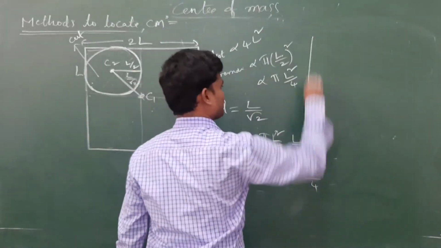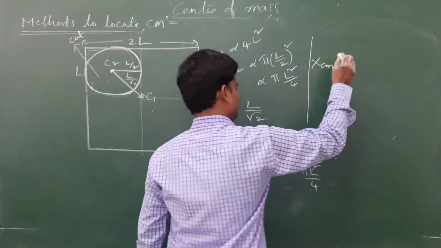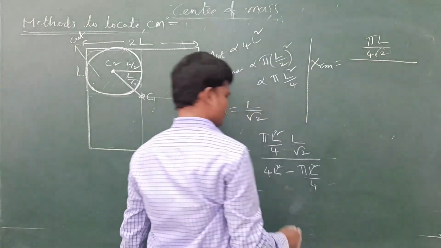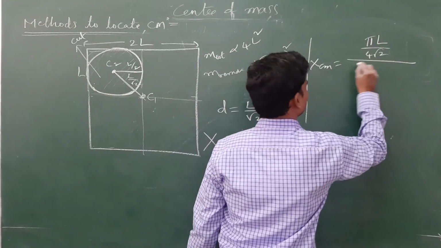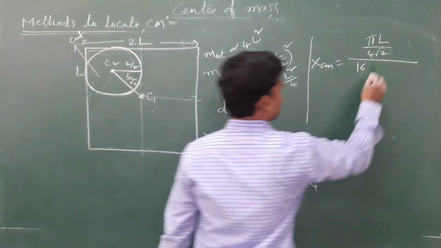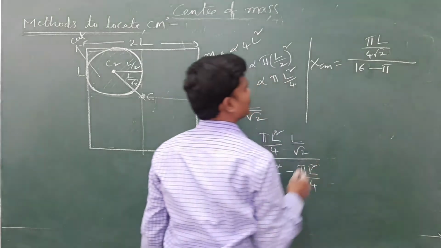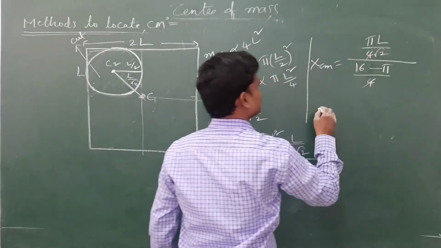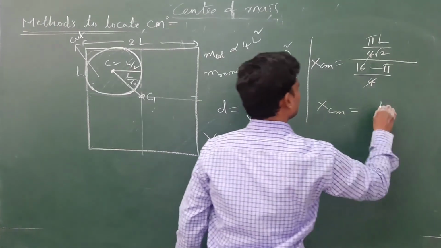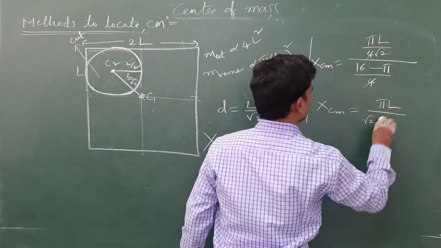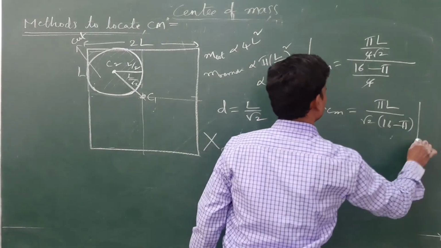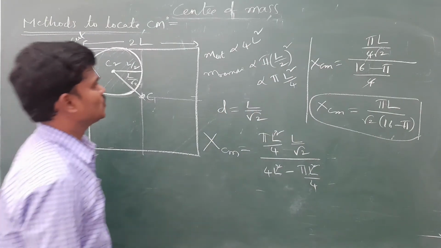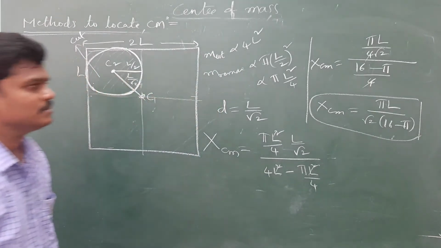So you will get the shift equals pi L by 4 root 2 into 16 minus pi. Verify the calculations. Pi L by root 2 into 16 minus pi.